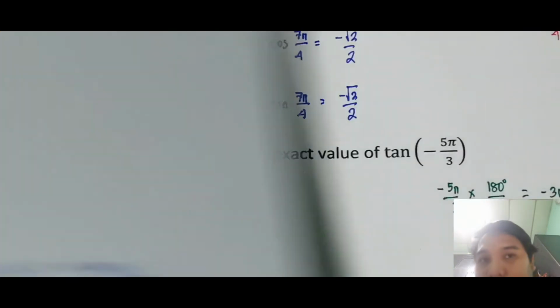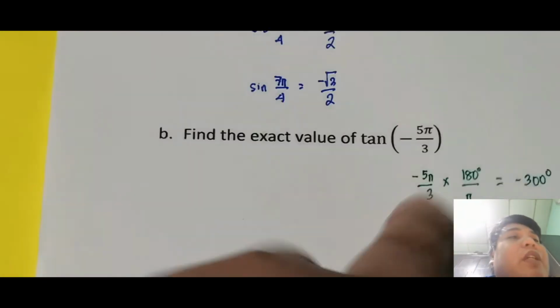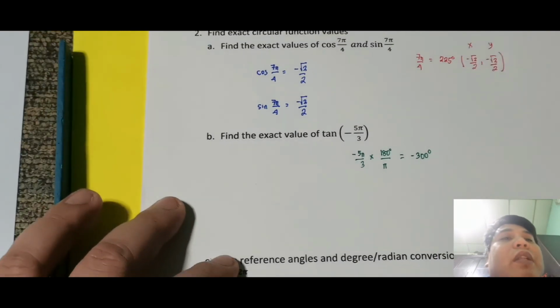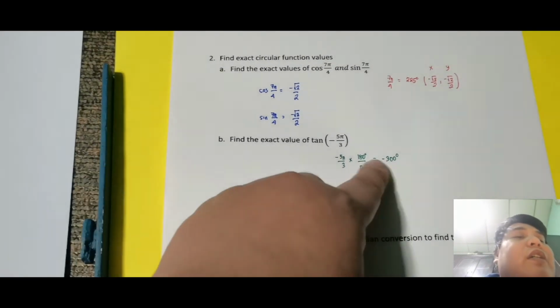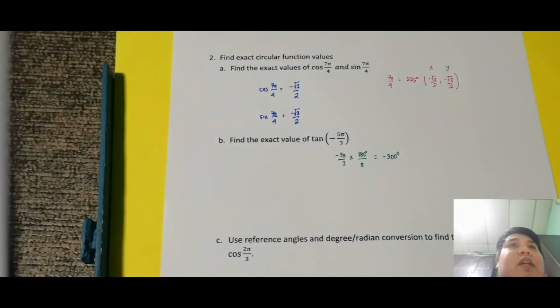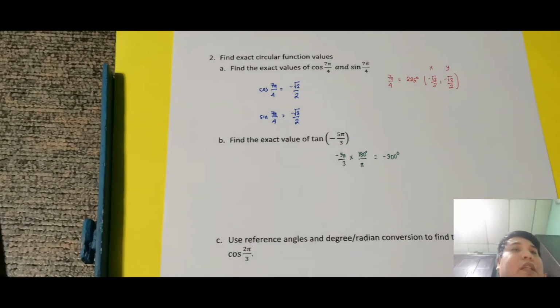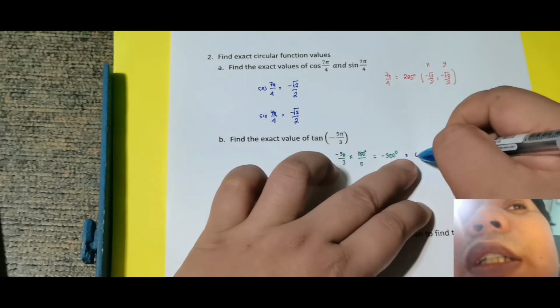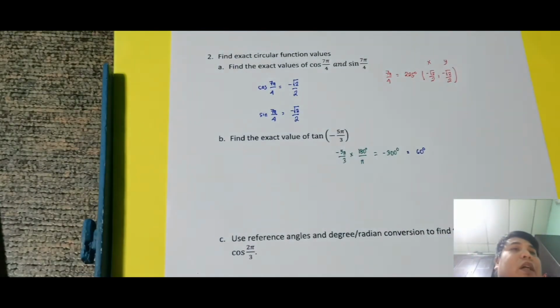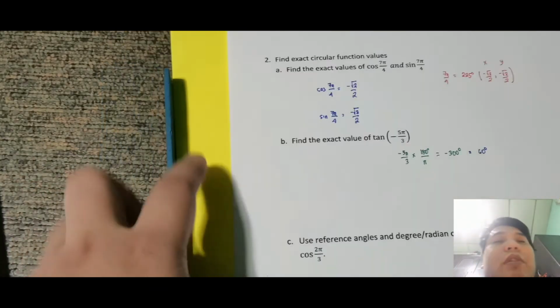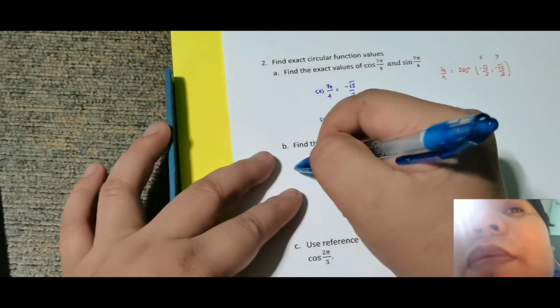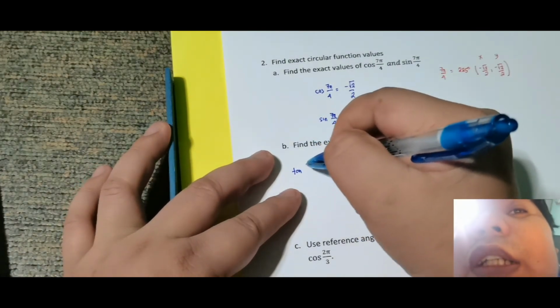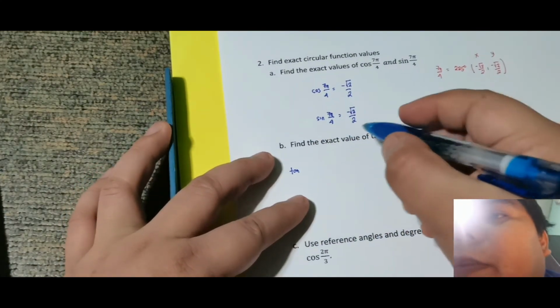It's right, because the smallest coterminal angle of negative 300 degrees, if you add 360, is 60 degrees. So this is equivalent to 60 degrees in a counterclockwise revolution, rather than clockwise. Similarly, we can find the tangent of 60 degrees, which is pi over 3.